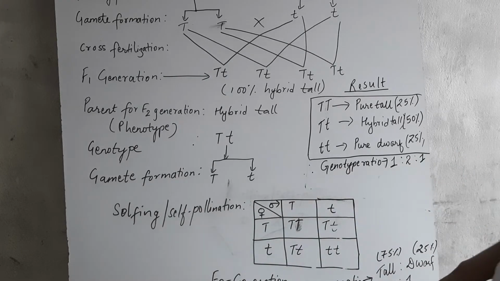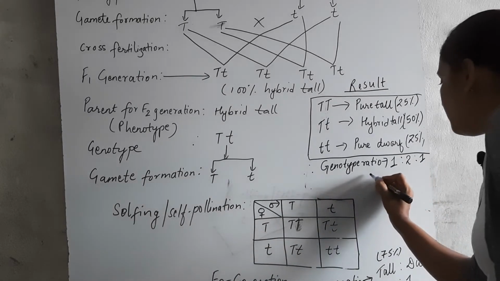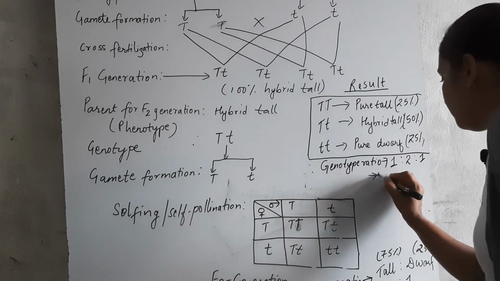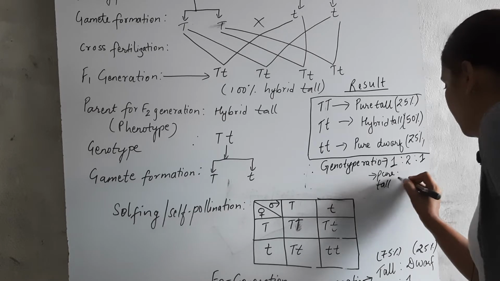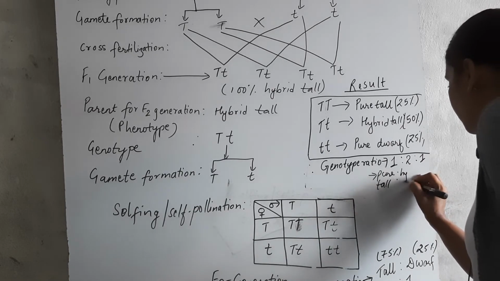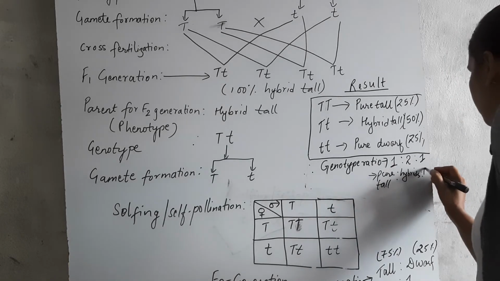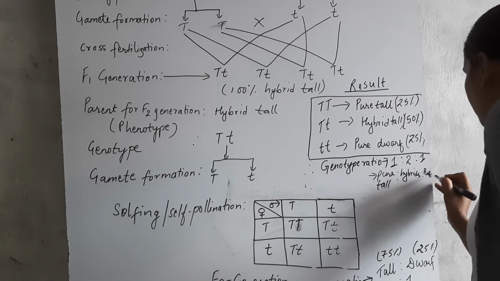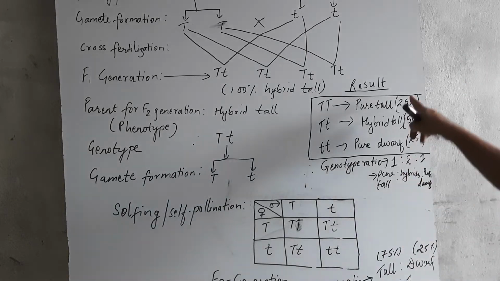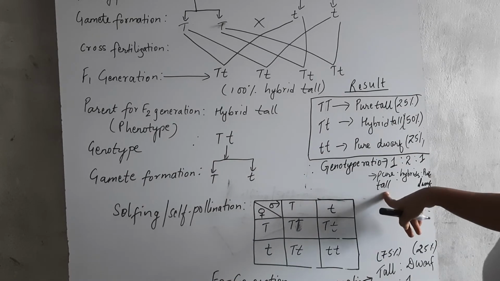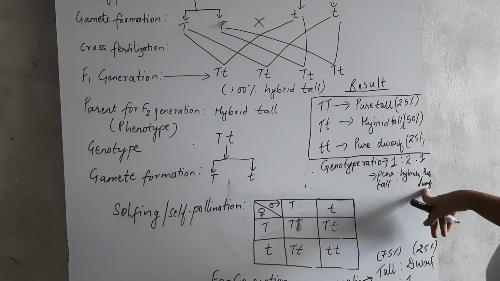That's why the genotype ratio of monohybrid cross is 1:2:1, and this is the ratio of 1 meaning pure tall, is to 2 meaning hybrids, and this one meaning pure dwarf. And here percentage wise, pure tall means 25%, hybrids means 50%, and pure dwarf means 25%.